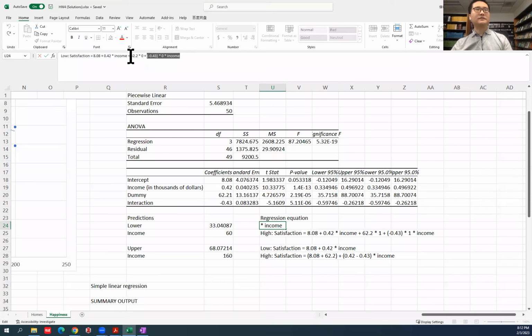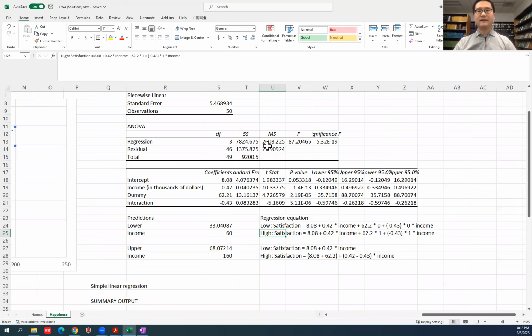Same thing happens to the term about the dummy variable, because one of the factors in the multiplication is 0. So we could simplify this as here. So this tells us that for the low-income group, the intercept is this much, whereas the slope for income is this much. We do the same thing for the high-income group.